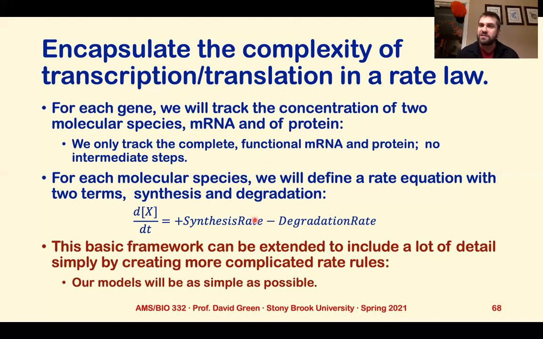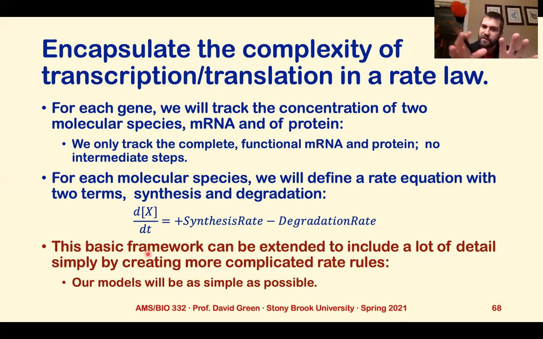These rate laws could be quite complicated, involving lots of different pieces and being dependent on the concentration of many different species, if we wanted them to. They also can be quite simple, and the models that we're going to work with are going to be among the simplest that we can imagine, to give us a feel for what we can do.